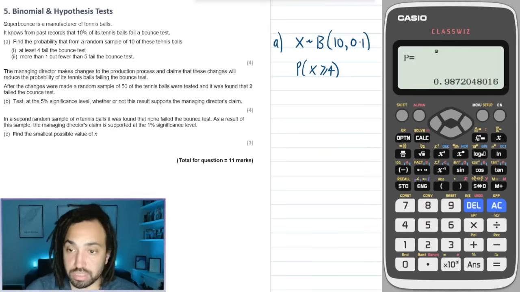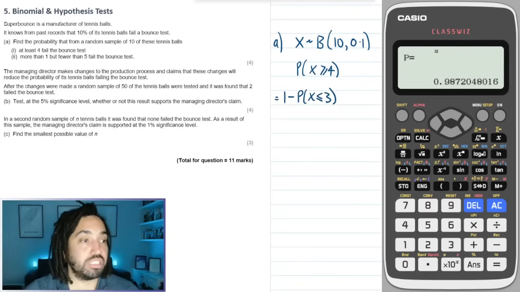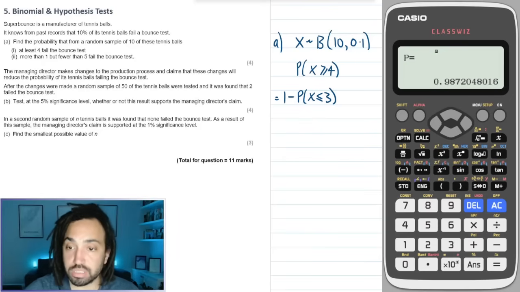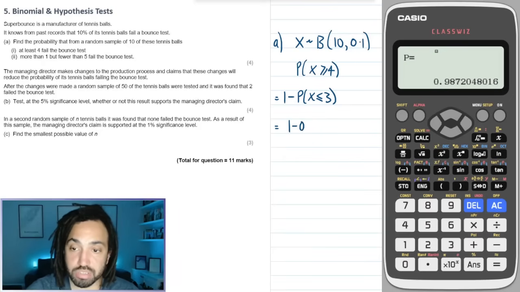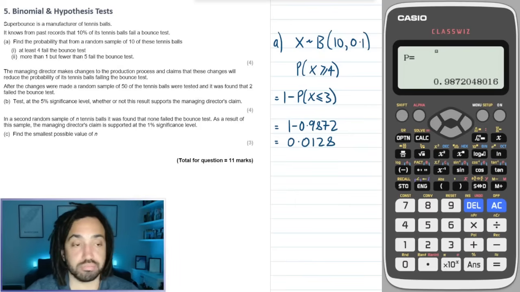Okay, because this is equal to 1 minus the probability that X is less than or equal to 3, which is exactly what we now know. So it's 1 minus 0.9872, and that gives me a value of 0.0128. Perfect.